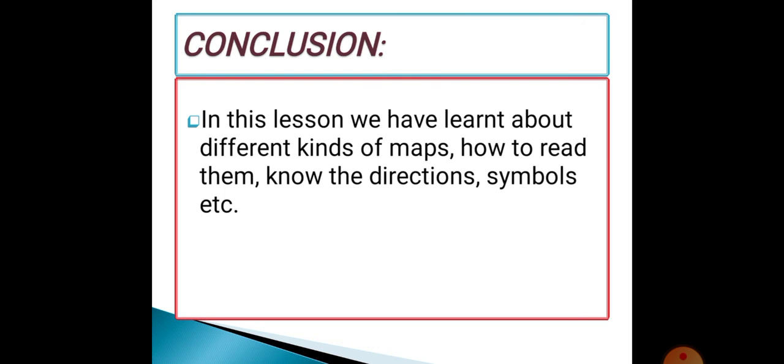Symbols are used to know where a particular location is. For example, for a hospital, there will be a plus sign, and you will understand that it is a hospital, and you will be able to get the directions as well.